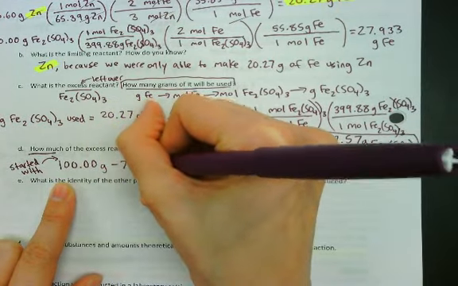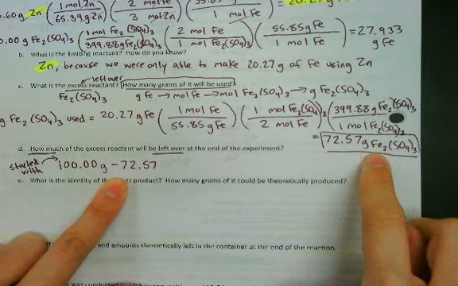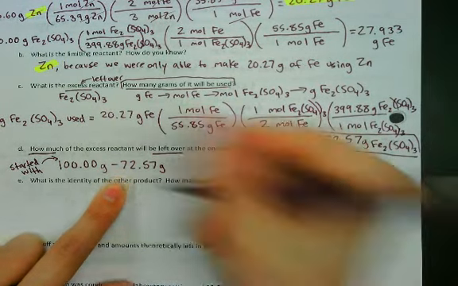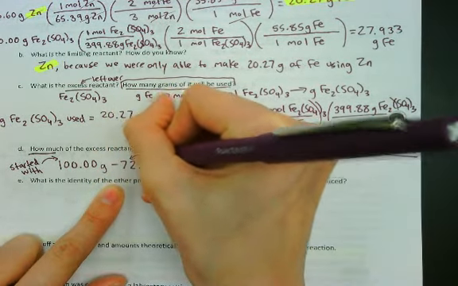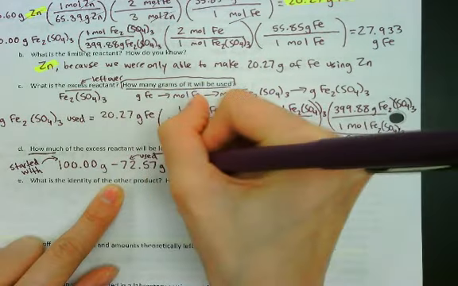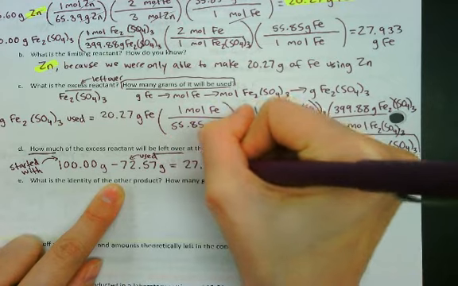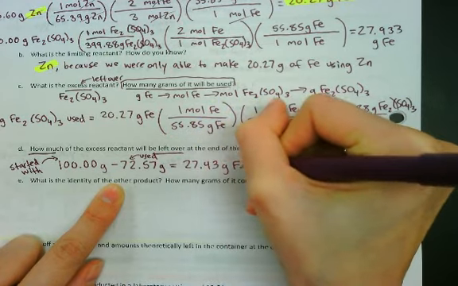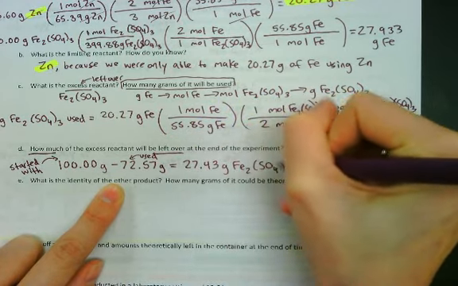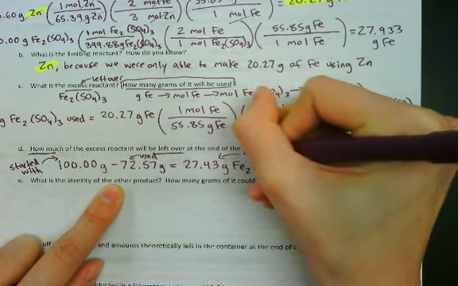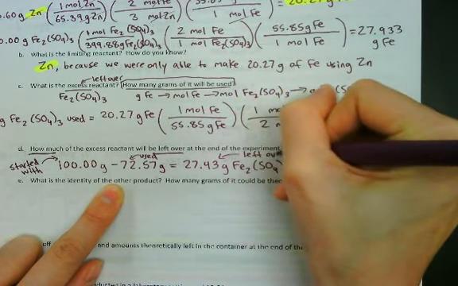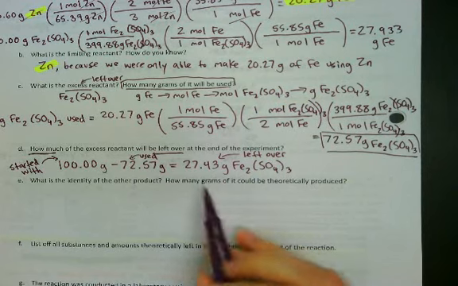Okay? So we used 72.57 grams. That's what we just solved for. This is what we used. And when we solve for that, we should get 27.43 grams of that compound. So this is what was left over. This was our excess.